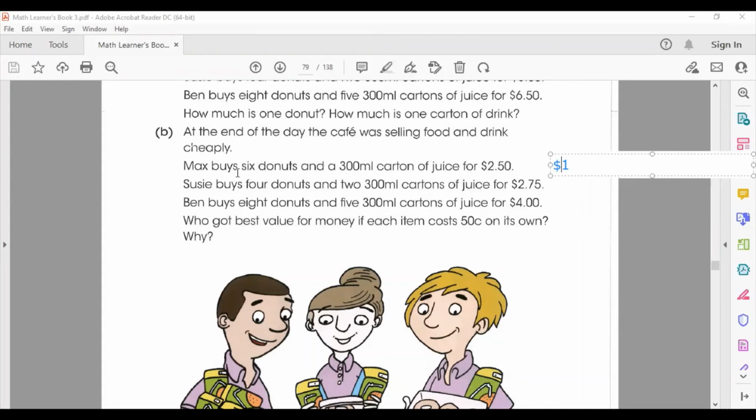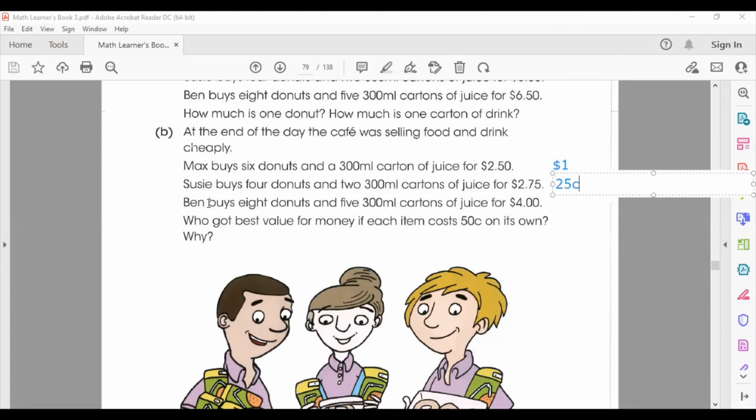And Susie buys 4 donuts plus 2, 4 plus 2, 6 items, per item 50 cents. So 6 multiplied by 50 is 300. But she paid $2.75. It means she saved some cents. $3 minus $2.75 means she saved 25 cents.